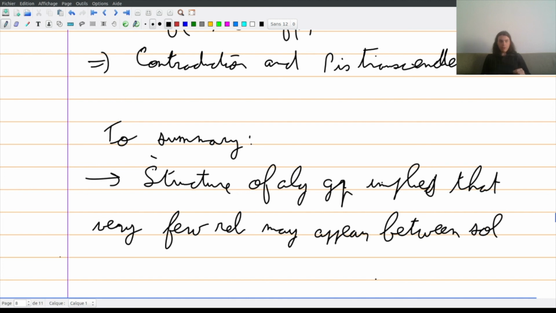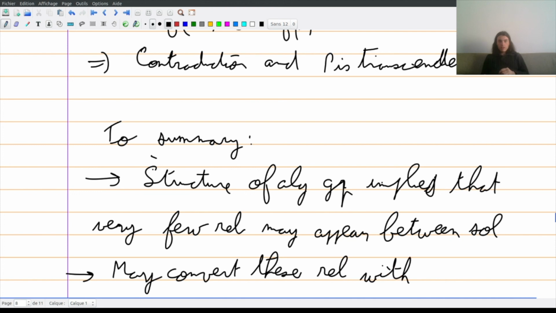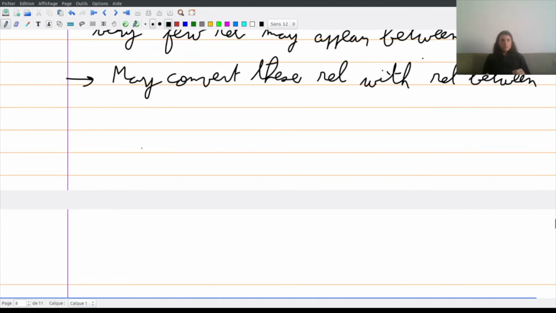So it's the first step, and the first step is that we may convert this relation into relations between the coefficients of the equation.